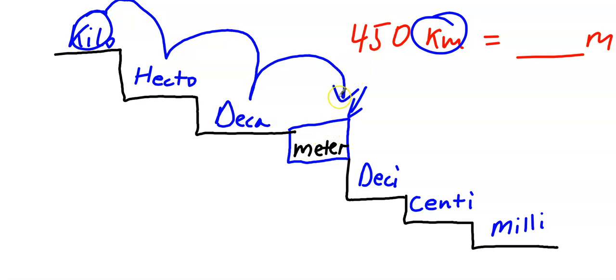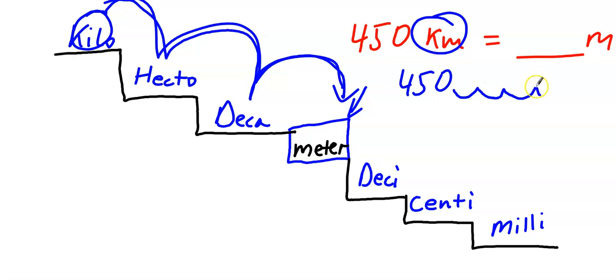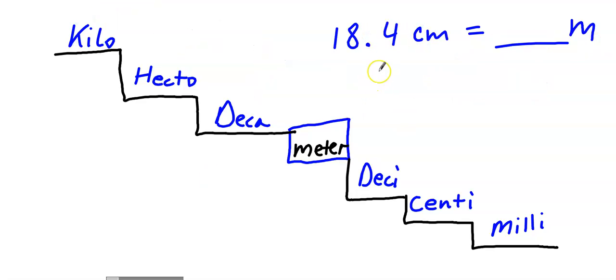I went 3 steps to the right. So I take my number, 450, the decimal is here, and I went 1, 2, 3 to the right. So I go also to the right, 1, 2, 3 steps, drop off my decimal place, filling the blank spaces with zeros, and the final answer comes out to be 450,000 meters.